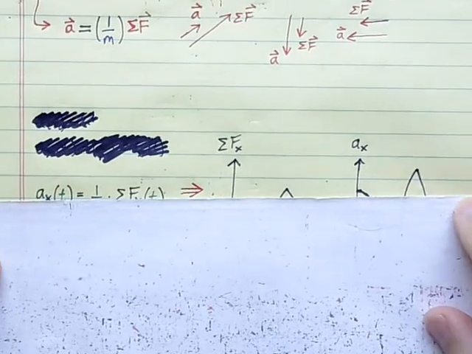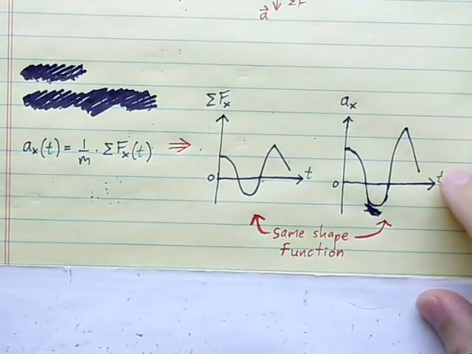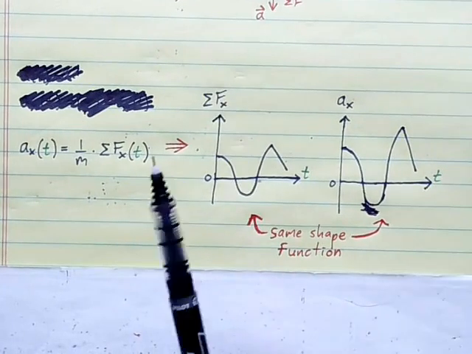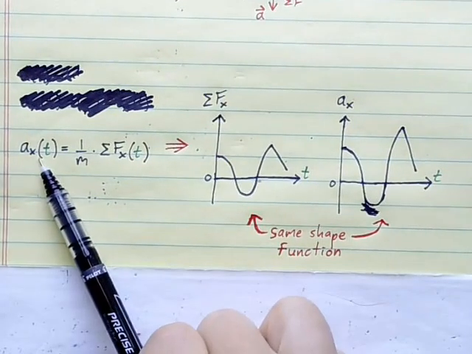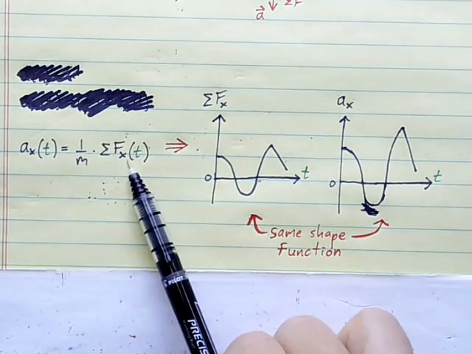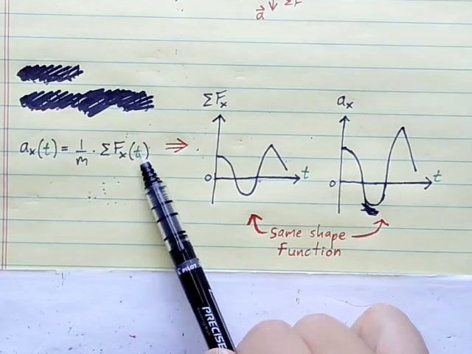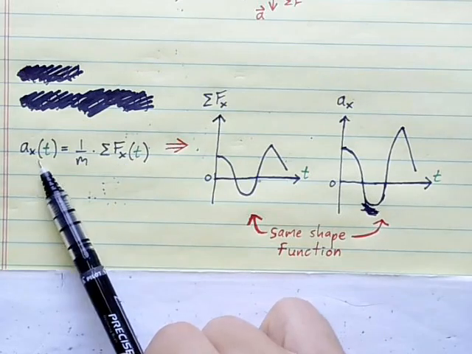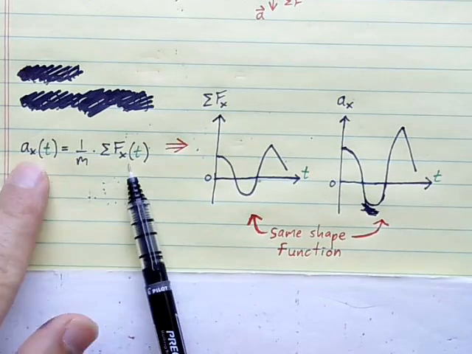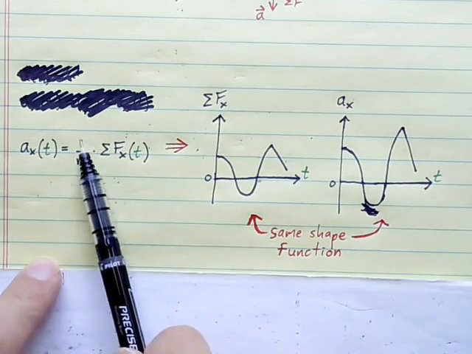One more note here. Newton's second law says that the acceleration of an object at one instant in time, the instantaneous acceleration, is determined by the instantaneous net force. And so when some time later the net force changes, the acceleration changes as well. And so they will be proportional to each other at all times, with 1 over mass as the constant of proportionality.